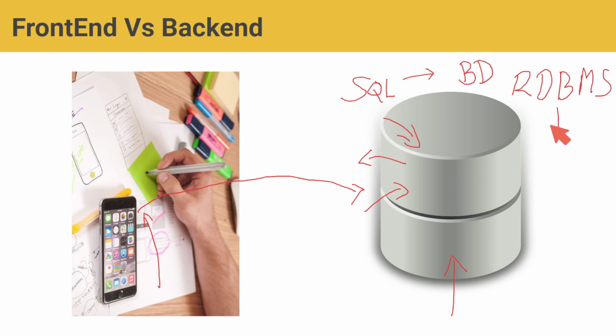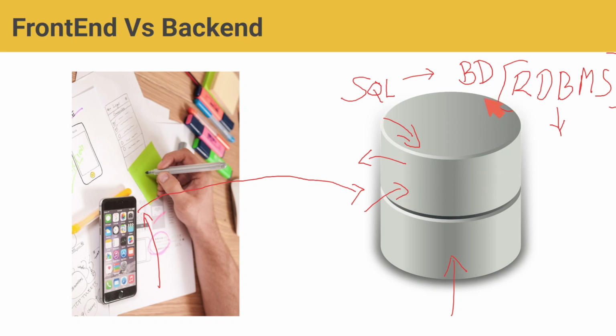So we will be using a Relational Database Management System to store our data. There are various vendors who provide relational database management systems for the storage and retrieval of data.